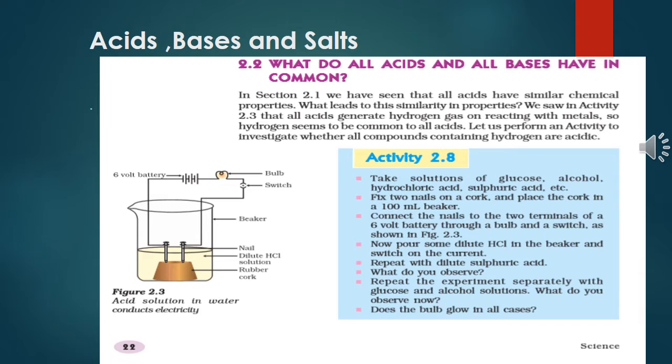Activity. Procedure number 1. Take solutions of glucose, alcohol, hydrochloric acid, sulfuric acid, etc. Step 2. Fix 2 nails on a cork and place the cork in a 100 ml beaker as seen in figure 2.3.